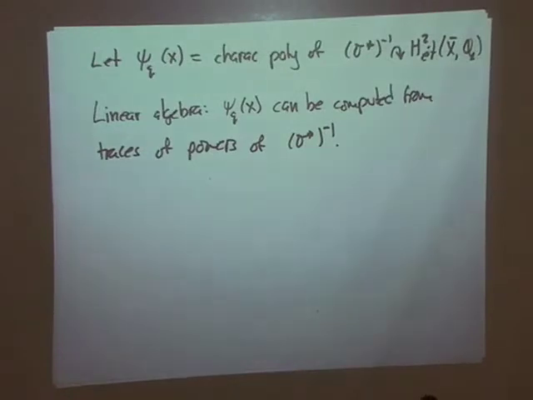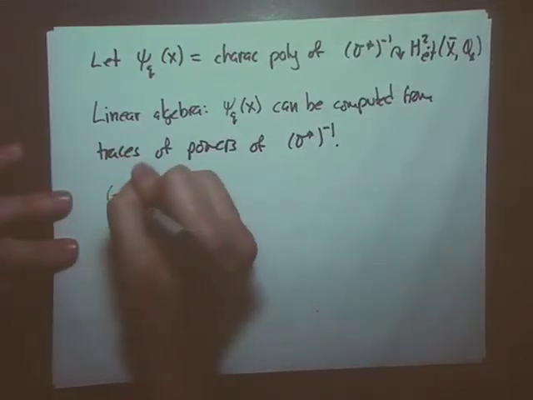And by powers, I mean you just iterate the operator. This linear algebra trick is usually attributed to Newton and Vieta, so it's not just classical, it's ancient. It's an elementary linear algebra thing, but this is good news.